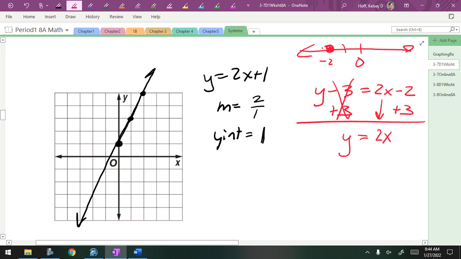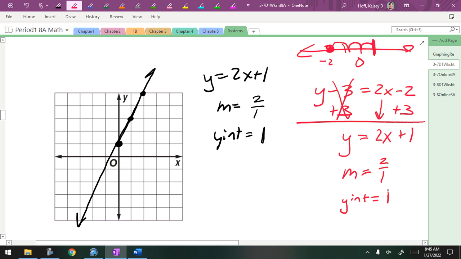And when I add, which direction do I go? 1, 2, 3. Where am I? +1. What's my slope? Careful. +2 over 1. My y-intercept is 1.